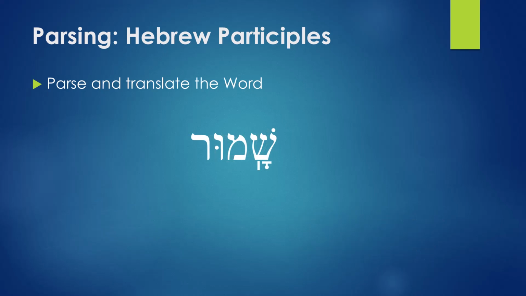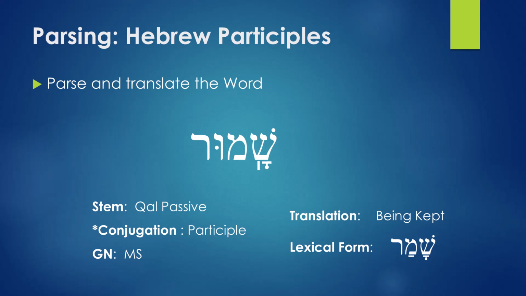Next, we have the word shamur. Notice you have kametz shurek, a sign of a Qal passive participle. And so the stem is Qal passive. Conjugation is participle. The gender and number is masculine singular, because kametz shurek is coming from masculine singular.